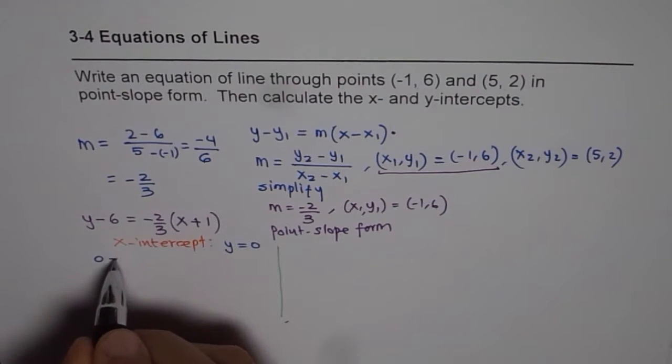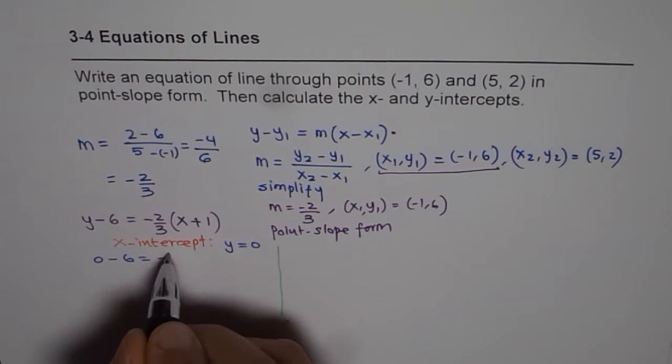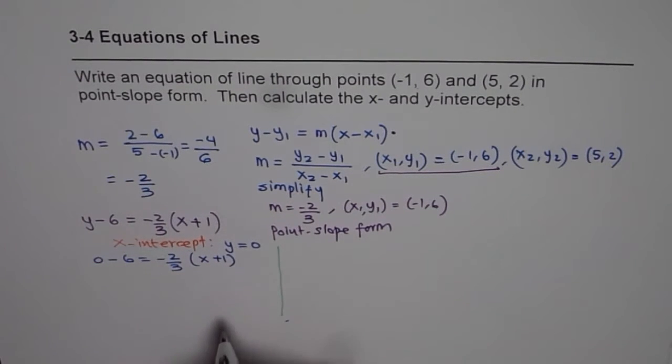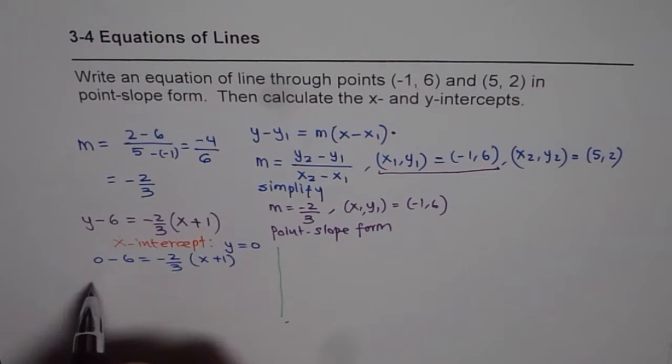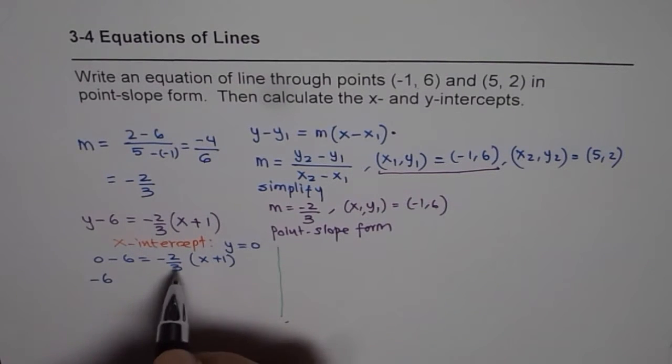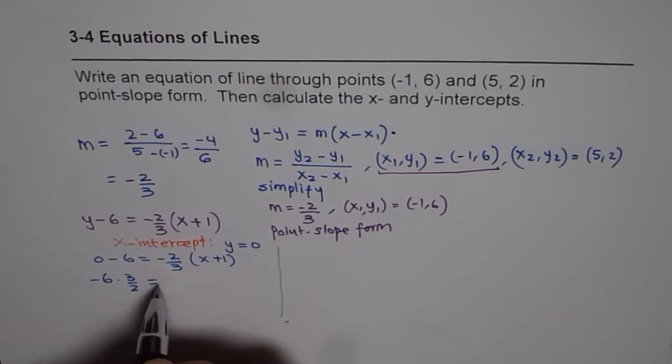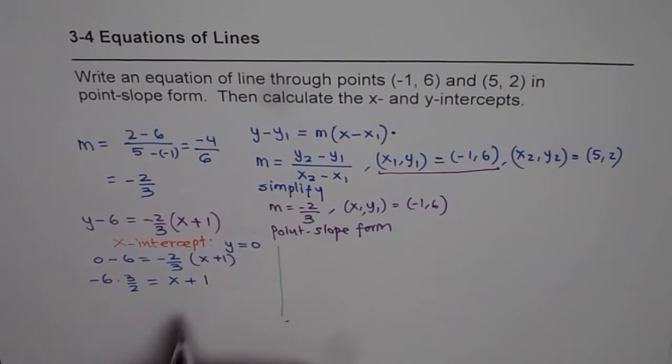So we get 0 minus 6 equals -2 over 3 times (x plus 1). And now we can solve this, right? We can multiply both sides, we have -6 here, by -3 over 2. So we get x plus 1. From here we can simplify and get the value of x.